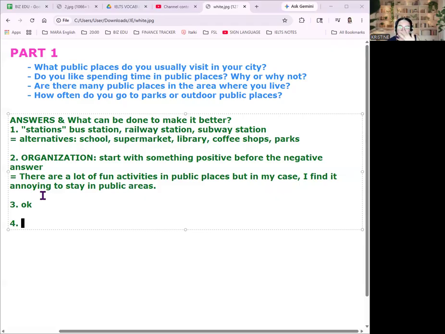Take note, earlier you mentioned you don't like to go to the park and outdoor public places. That was your original answer, Peter. So maybe you need to work on that one.